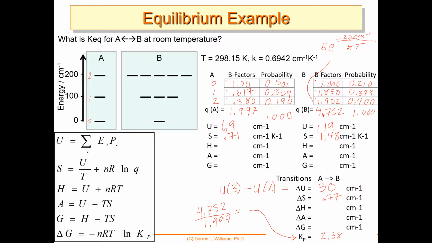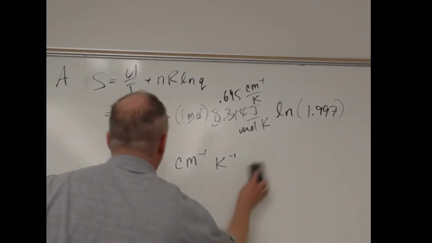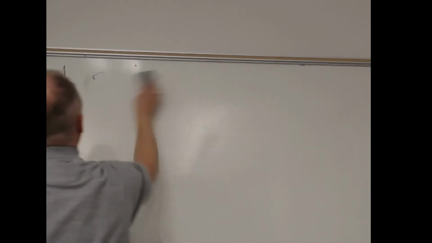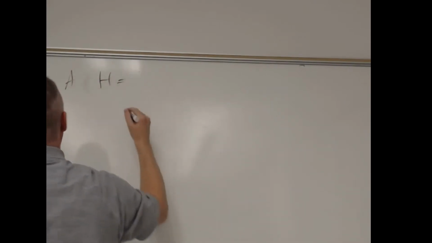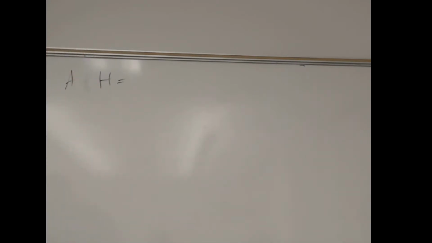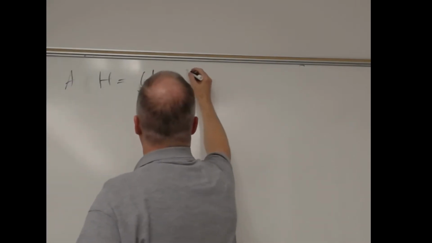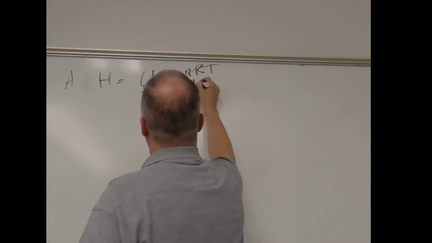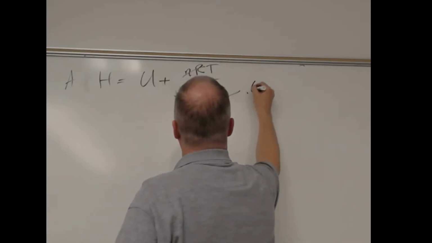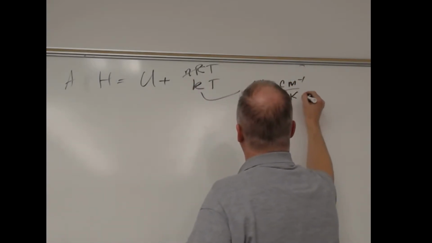So now let's move on to enthalpy. We look at the equations for enthalpy. It's U plus nRT. In this case, nRT is really going to be kT because we're going to use that 0.695 wave numbers per Kelvin.